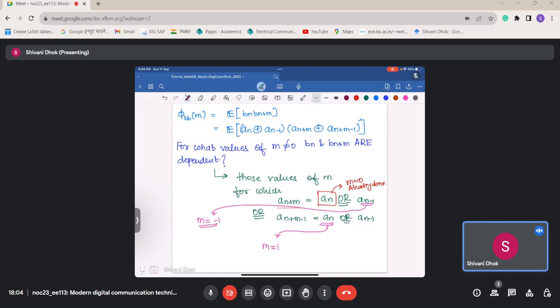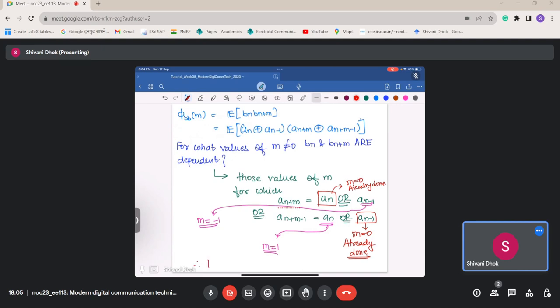This is already done. Okay, so what are the two possibilities of m for which these bn and bn plus m are dependent? So these are dependent only for m equal to 1 and minus 1.